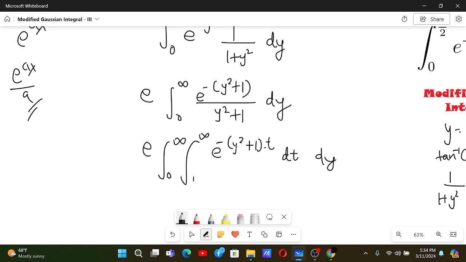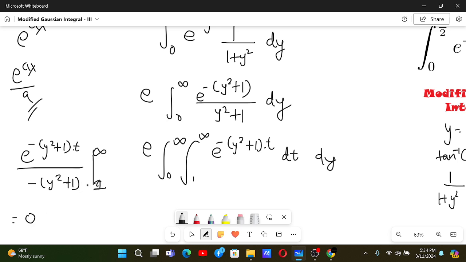Now notice that its integral is e to the power minus y square plus 1 t by minus y square plus 1. Since this is from 1 to infinity, at infinity this will be 0, and minus minus plus, and at 1 this is e to the power minus y square plus 1 by y square plus 1, just as we want. So this works. You can check it.